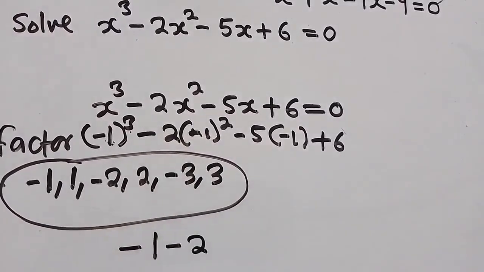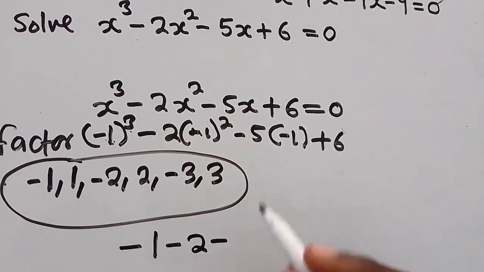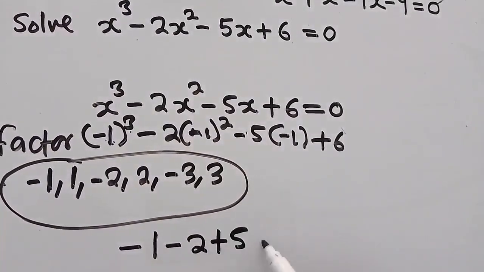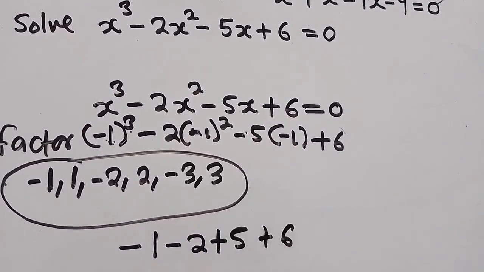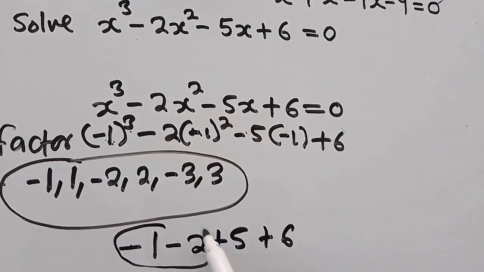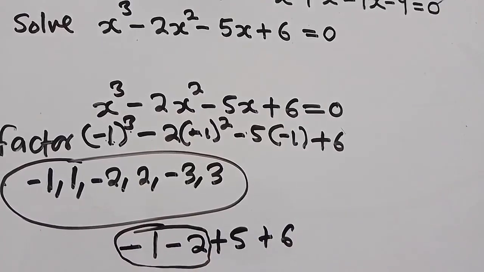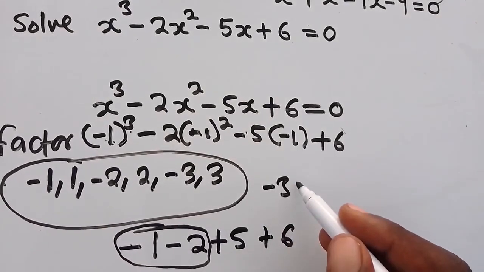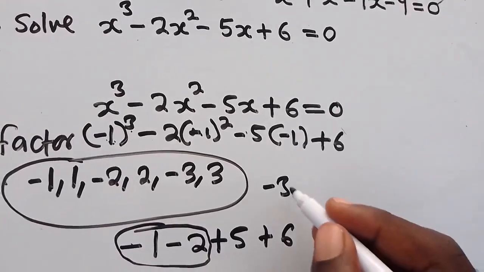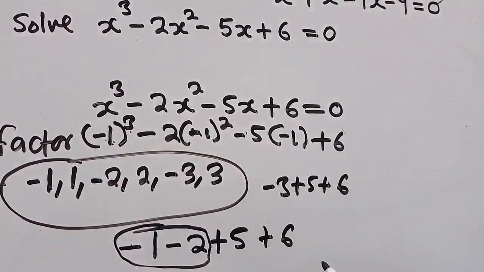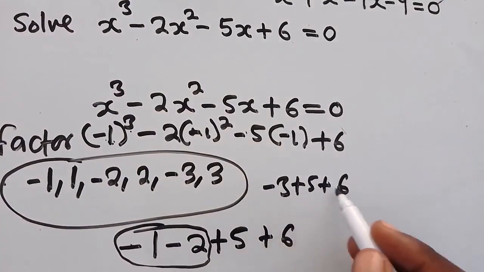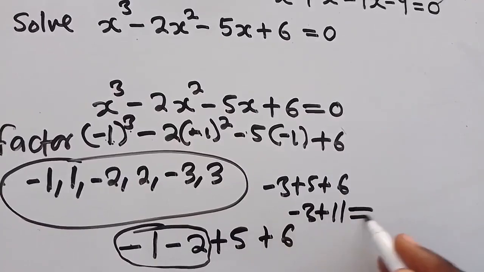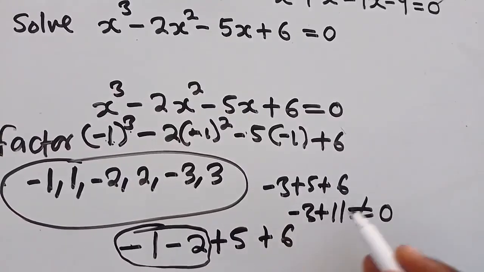So we get negative 3, then plus 5 plus 6. As you can see, we got negative 3 plus 11. This is not equal to 0, which means it is not a factor.